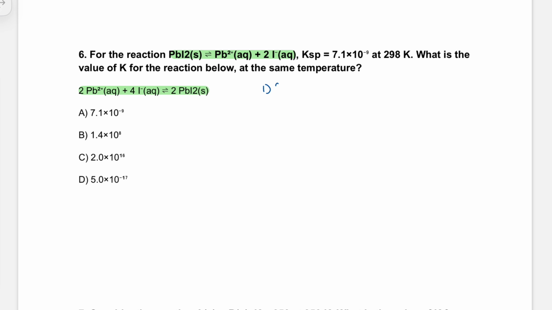The first one is that the equation has flipped. And the second thing is that the coefficients have doubled. So we have to figure out what the new K value is based off of the information that we have in the original Ksp value.